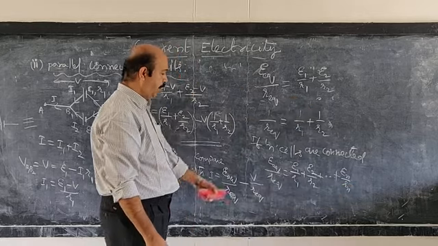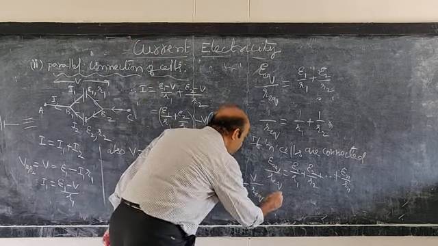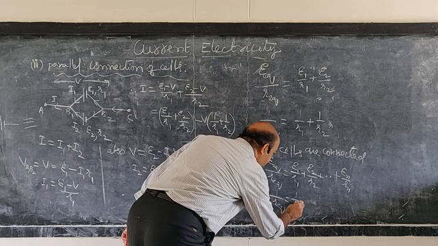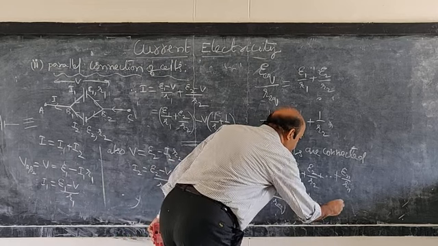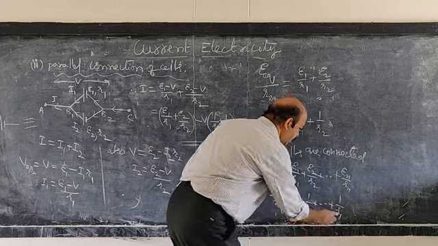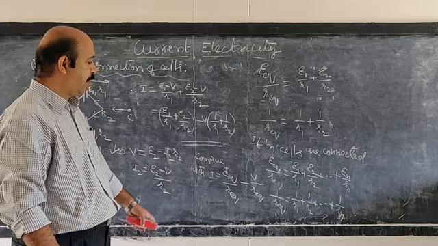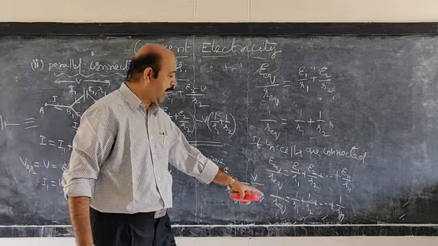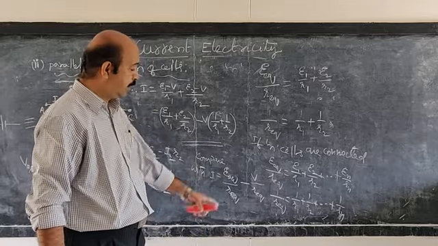That is how we find the equivalent EMF. Similarly, the reciprocal of equivalent internal resistance is given by 1 by R1 plus 1 by R2 and so on plus 1 by Rn, the sum of the reciprocals of individual internal resistances of the cells.